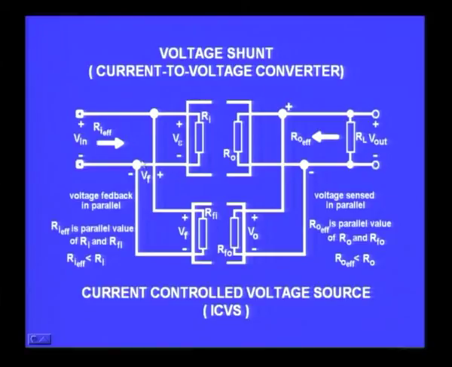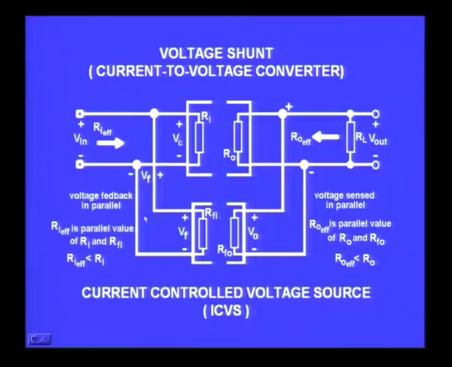Only when the current drive is connected to a very small resistance, the current cannot change significantly in the circuit, and therefore it will be very useful to introduce a current at the input side. So what you have at the input is a current, because the input resistance is very small, and what you get at the output is a voltage, because the output resistance is very small. So that is why it is called current controlled.